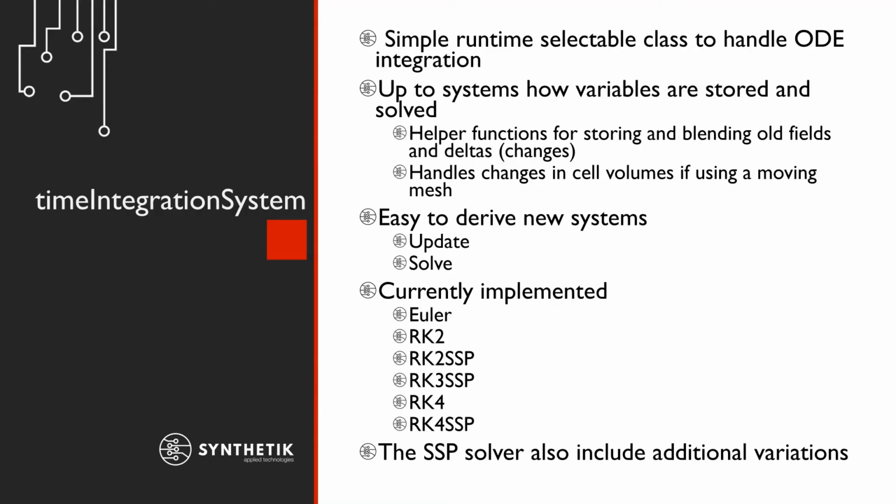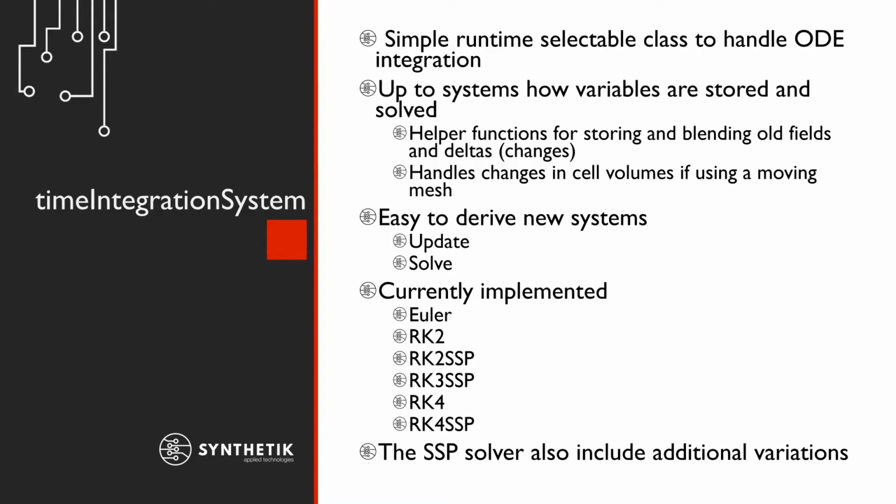And then solve updates your values. And that's really it. So right now we have the Euler method, RK2, RK2 SSP, RK3 SSP, RK4, and RK4 SSP. And then we also have some additional variations for the strong stability preserving, or SSP, schemes.